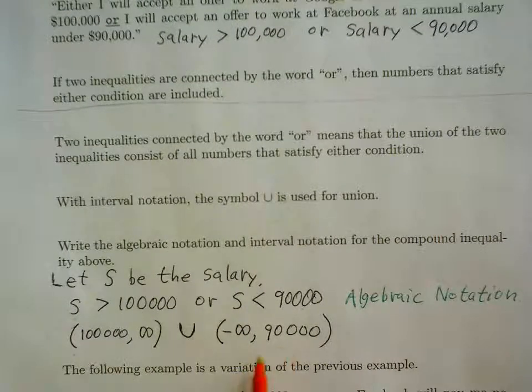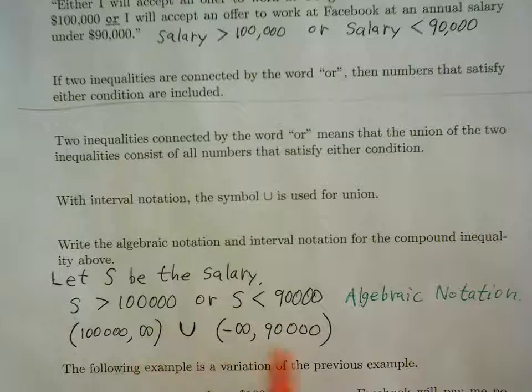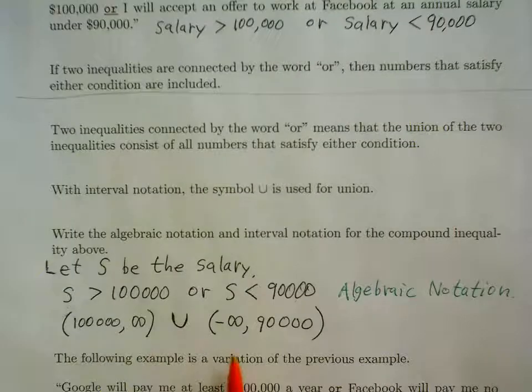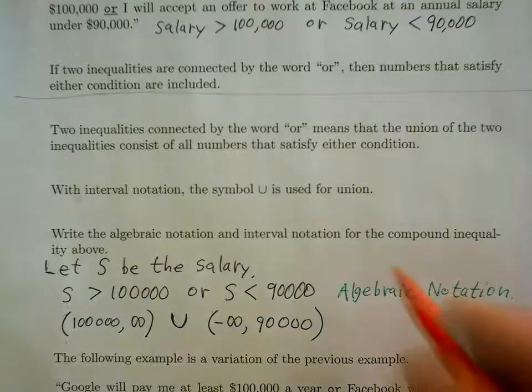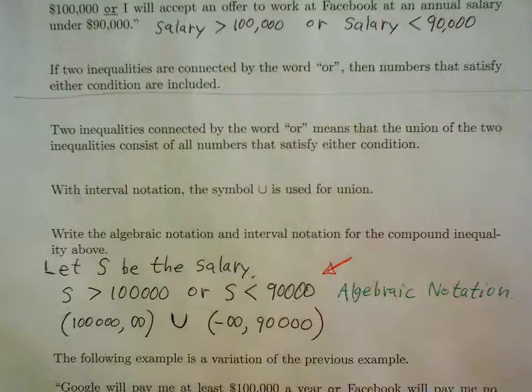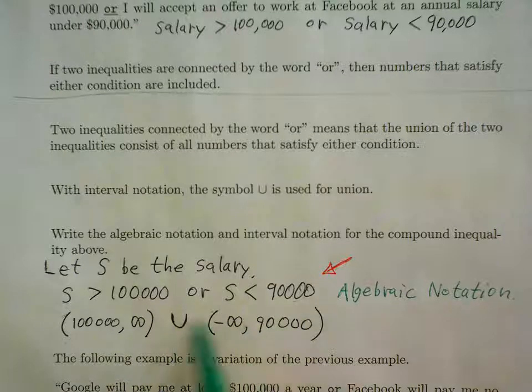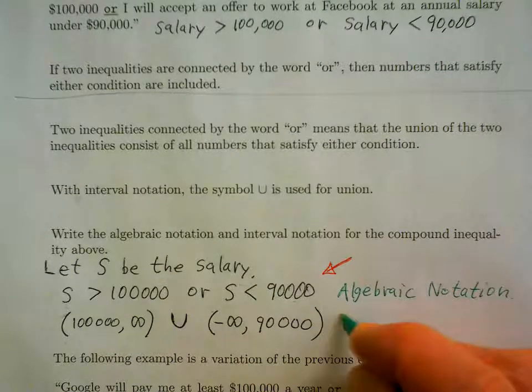Well, you might notice, or you might object to, using this for the salary. I mean, it's pretty clear that a salary isn't going to go to infinity, right? That's just not realistic. And neither is it realistic that the salary will be negative. But if we just look at the inequality by itself, and if we do not take into account the context, then this is the correct interval notation for that set of numbers.